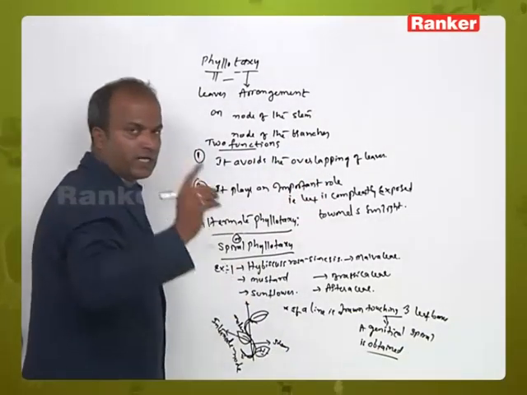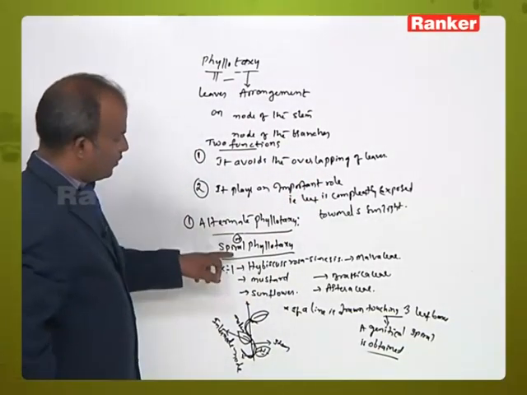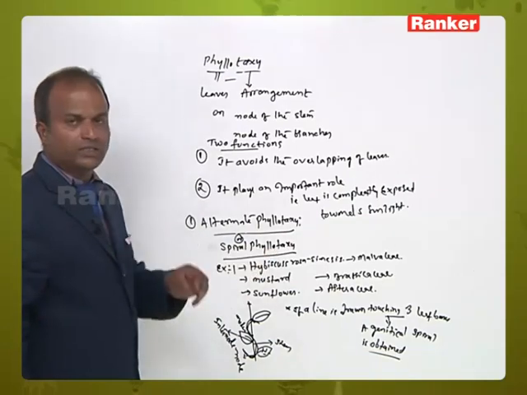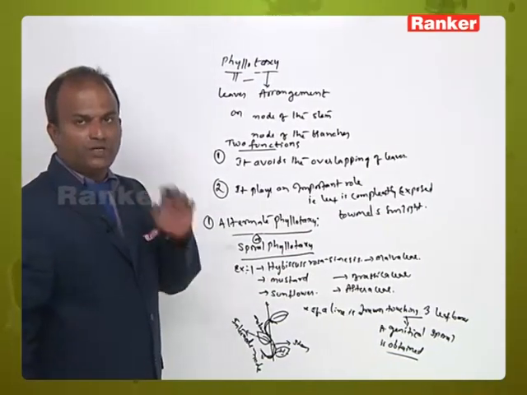Based upon that criterion, this alternate phyllotaxy is called spiral phyllotaxy.